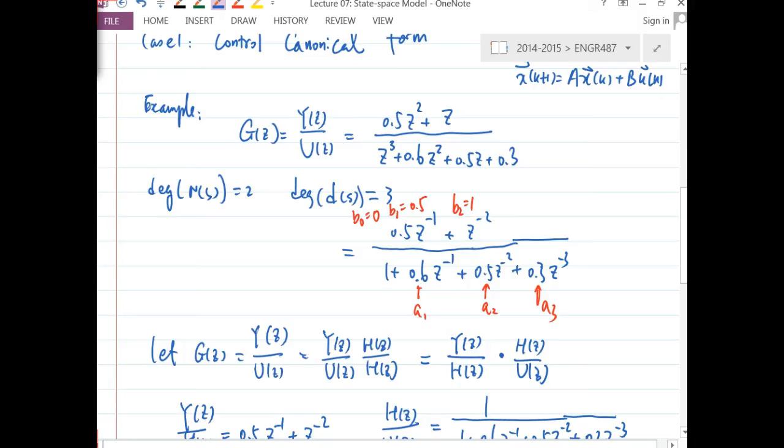When we build the diagram, you're going to see that one particular parameter will show up. Remember, the other equation is y equal to Cx of k plus Du of k. So the additional term will show up there. But just give me a second, we'll see that.